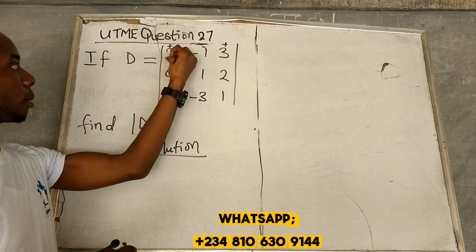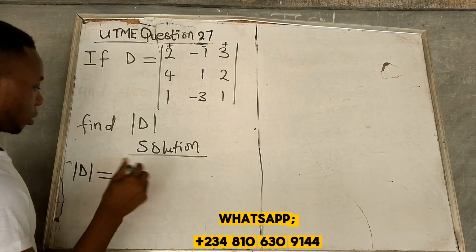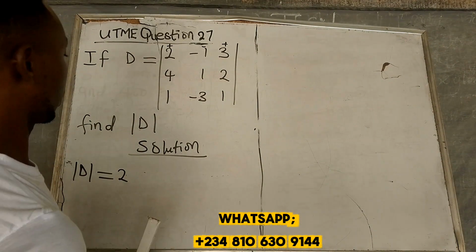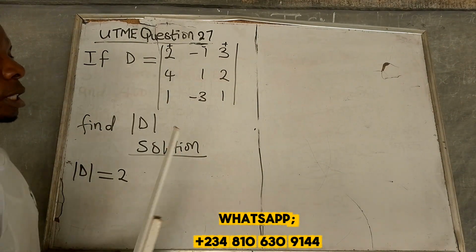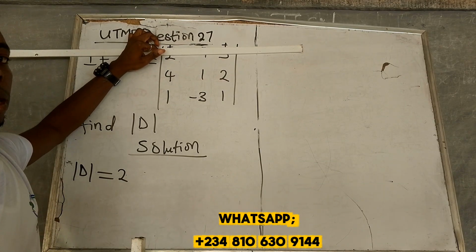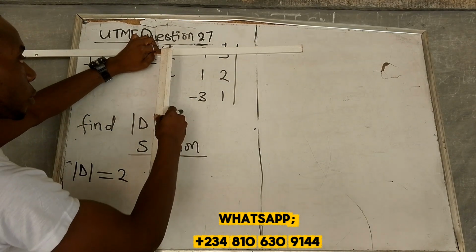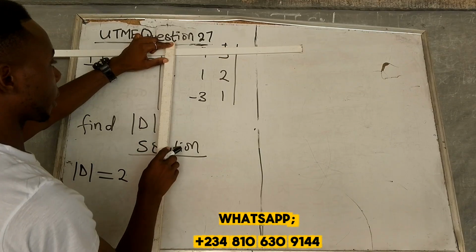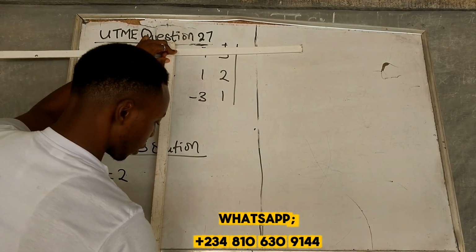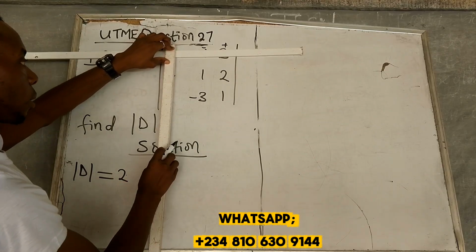Now, you pick the first number on the row, say plus 2, which is the same thing as 2. This 2 will multiply what? You cover the row that contains that 2, and then the column that contains that 2. What you're left with is 1 and 2, then minus 3 and 1.